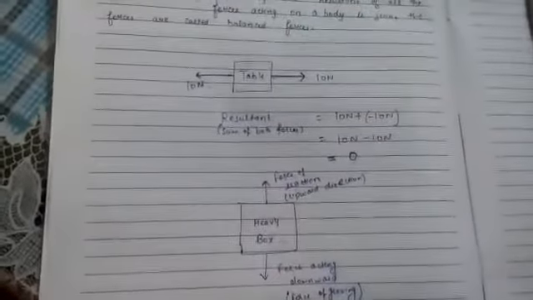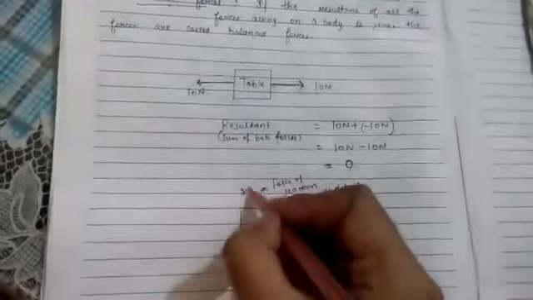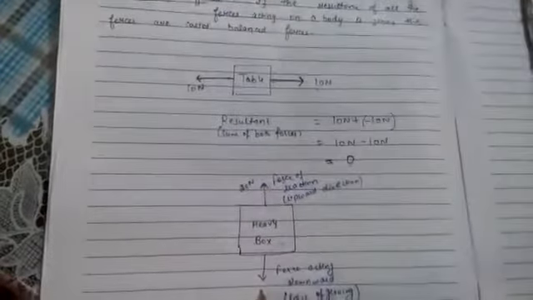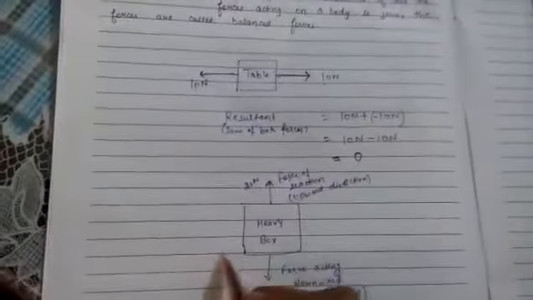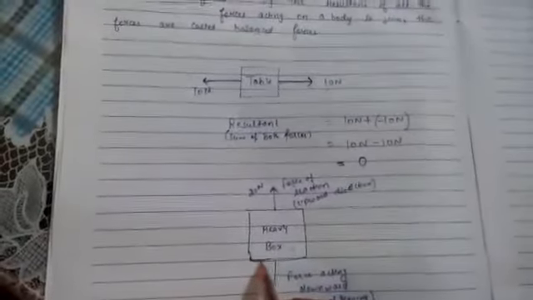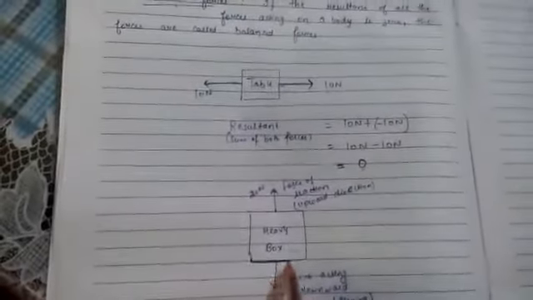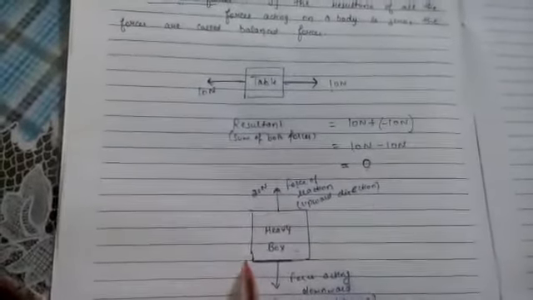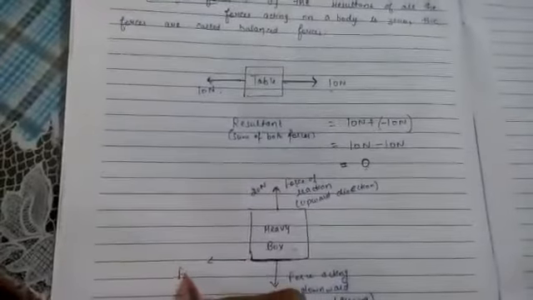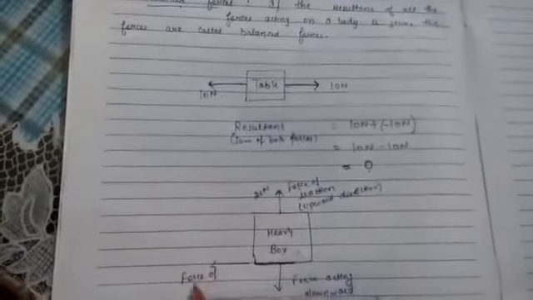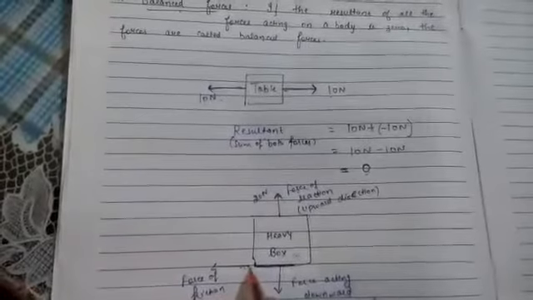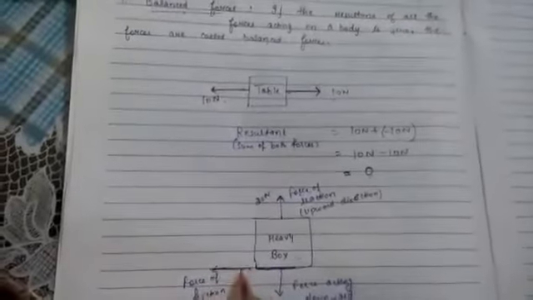Suppose this is 20 Newton, this will also be 20 Newton, but they are in opposite directions, so they will cancel each other. Now I told you in the last video also that if any body is on the ground, between that body and ground one force is acting, that is called force of friction. So here one force is acting, that is the force of friction.